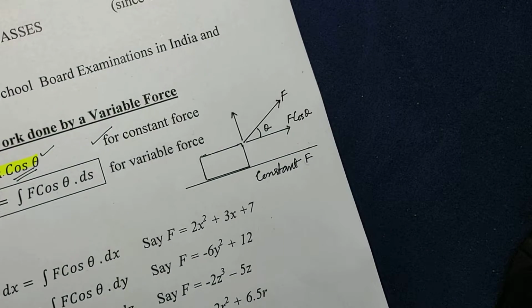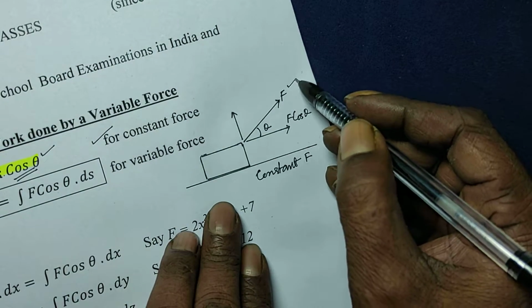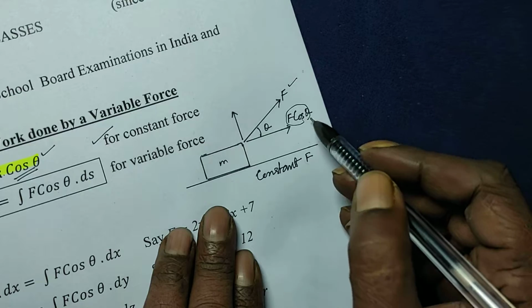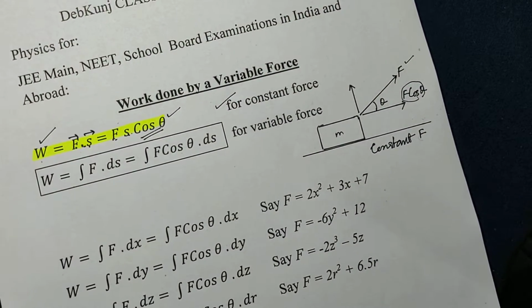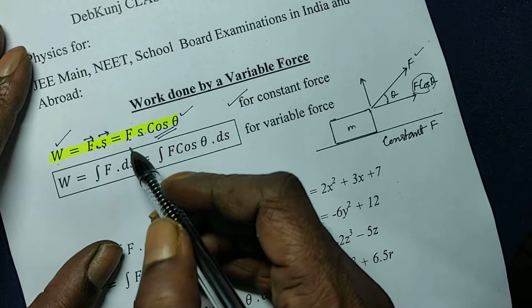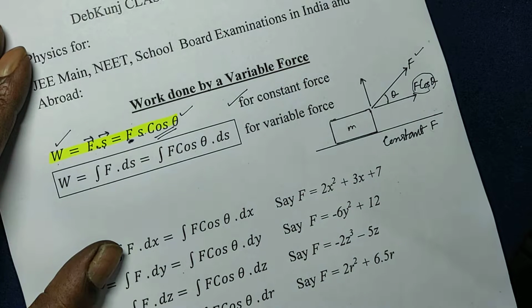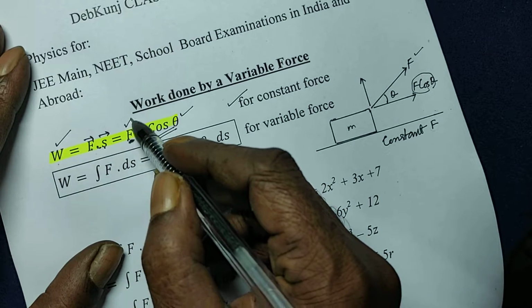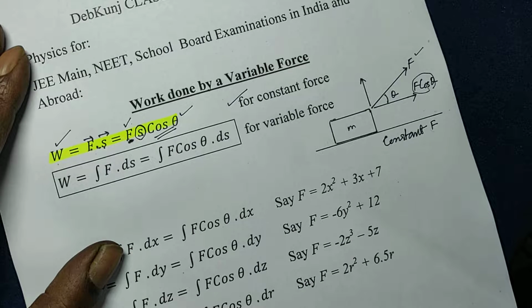And in previous numerical problems, I had used this diagram, a constant force making some angle with the displacement of this mass to this side due to F cos theta. Now look, if F is not constant, what do we have to do? If you consider a very small interval, a very small displacement ds, suppose this force is changing with distance, and if the change of distance is very small, then during that small displacement, F can be assumed to be constant.